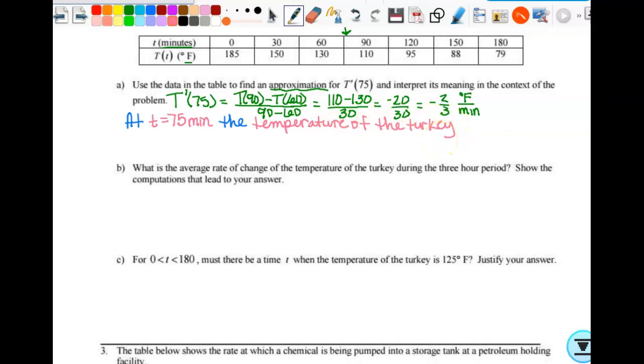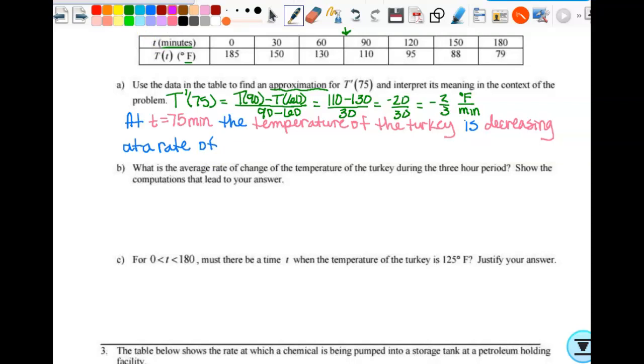Okay. Is decreasing. How do we know it's decreasing? Because it's negative. Is decreasing at a rate of, do I need approximately here? Yes, I do.